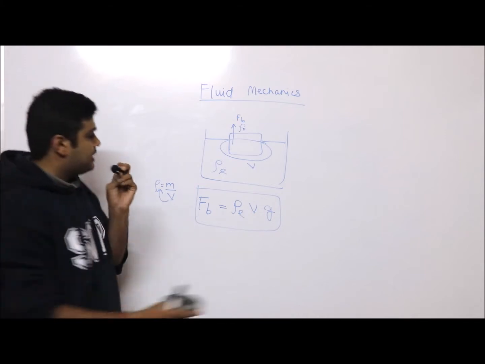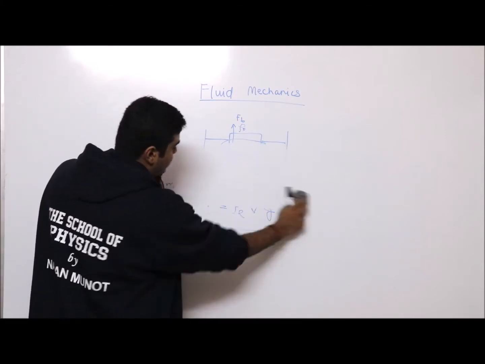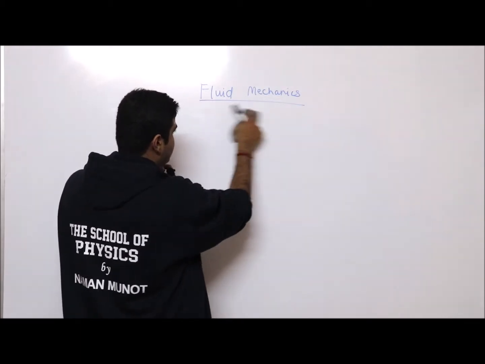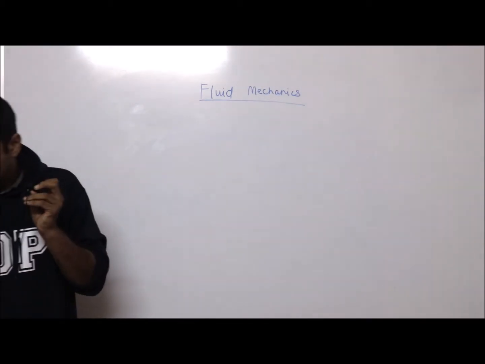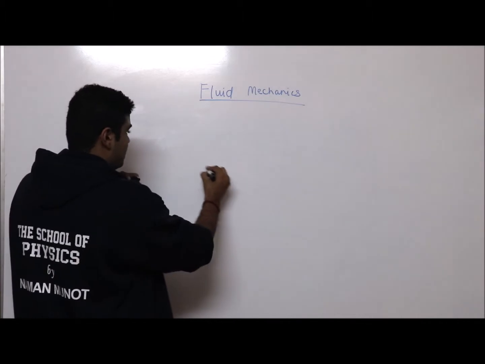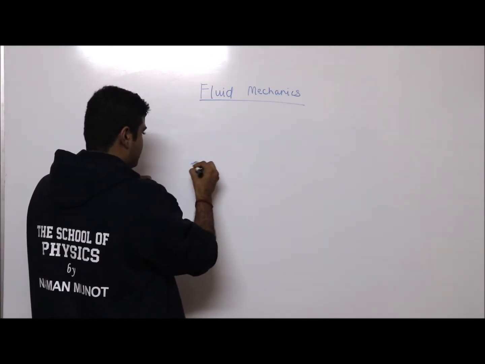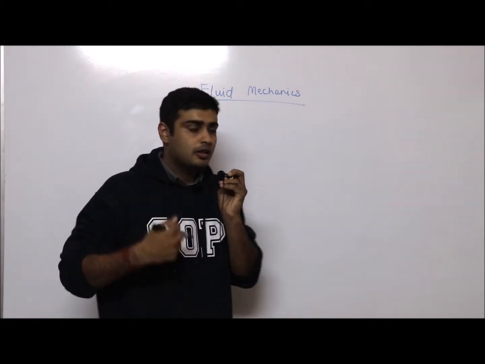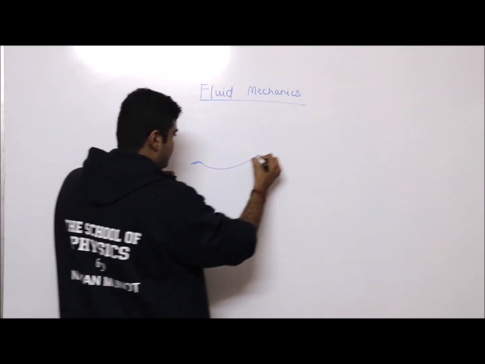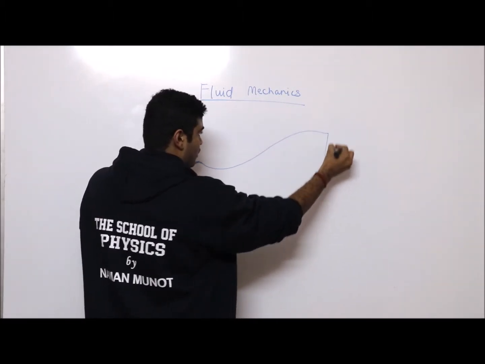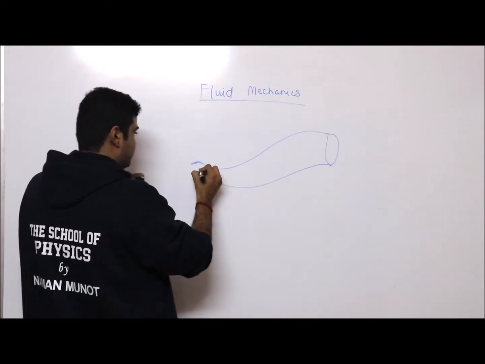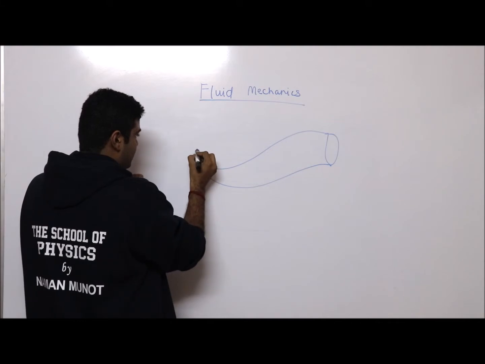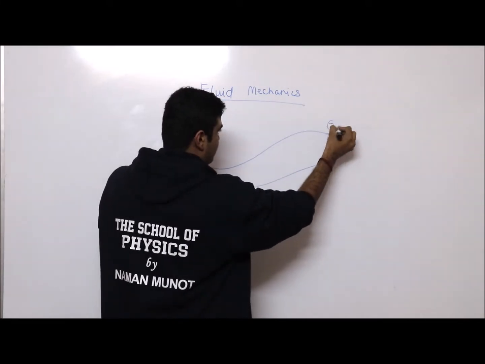Okay, next thing that we are going to see is the equation of continuity. So what is the equation of continuity? Very simple equation. Suppose I have this freely flowing liquid. This is my point 1, this is my point 2.